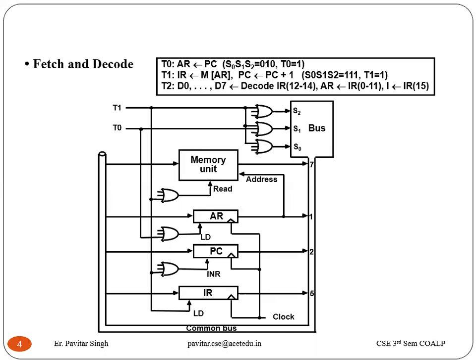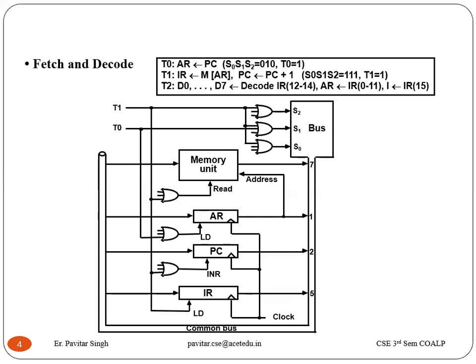Now here you are reading the memory, and for memory you have which decimal value? 7. You remember in the common bus system, the number 7 is dealing with memory, right? So here the value of S0, S1 and S2 is equal to 111, because 111 is the binary equivalent of 7.